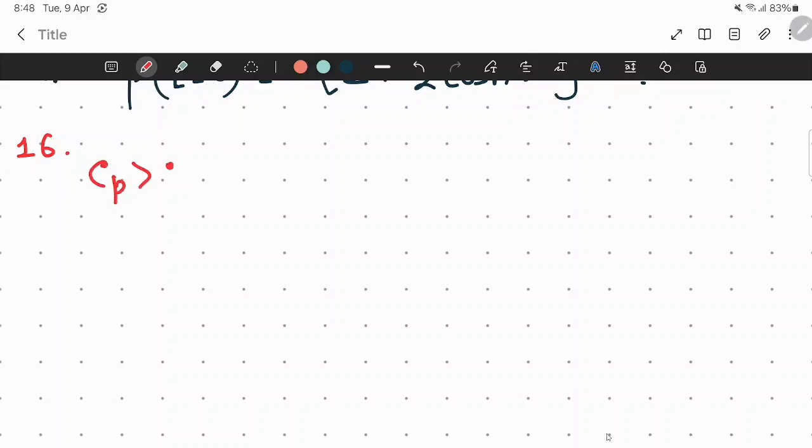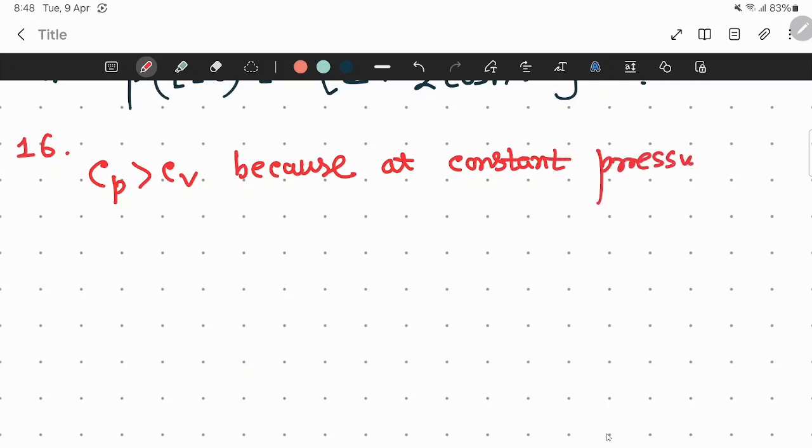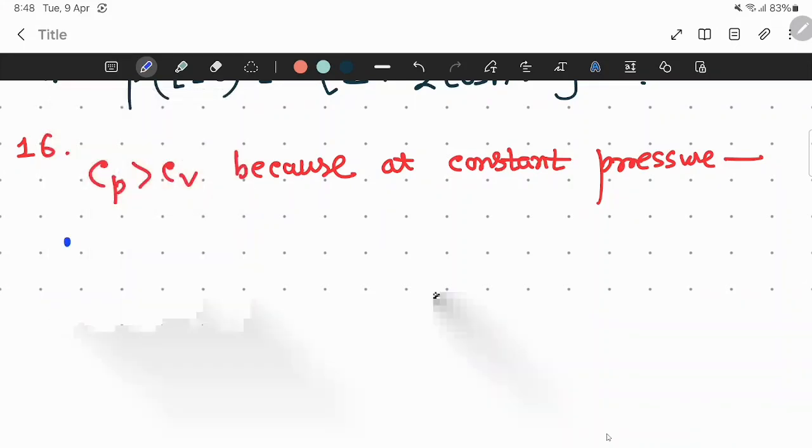Cp greater than Cv, this we know, where Cp is our heat transfer at constant pressure, Cv at constant volume, we know, because at constant pressure there are four options. First one is the attraction between molecules is larger.